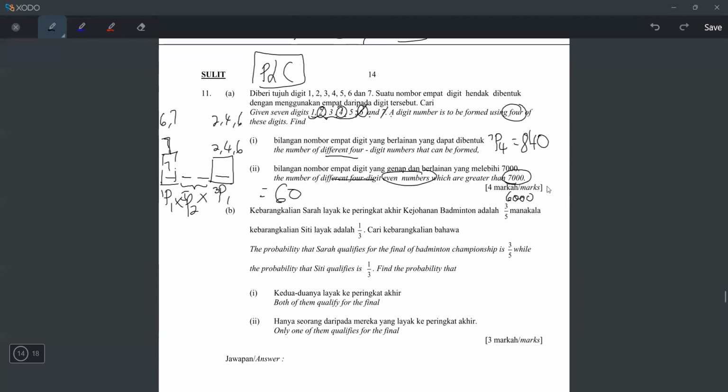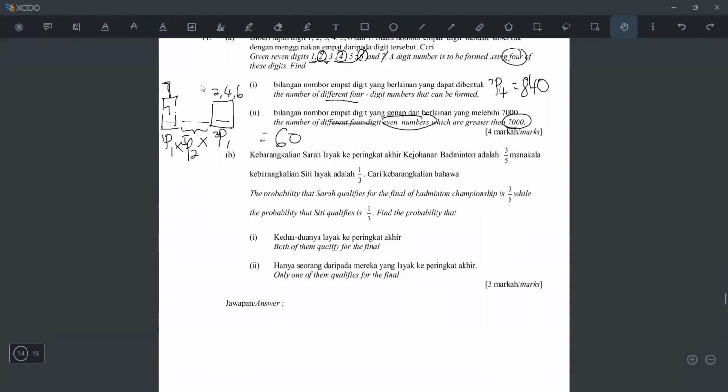If I say greater than 6,000, it means this slot can take 6 and 7, so there's overlap already. If there is overlap, then you cannot do it like this. For that you have to separate into 2 workings, which means you have to do 2 cases. One begins with 6, one begins with 7, and then in the end add the 2 answers together. But this question you don't have to do that because there's no overlap.